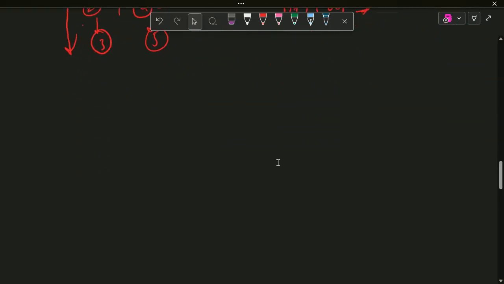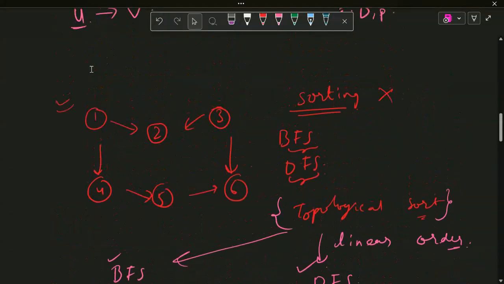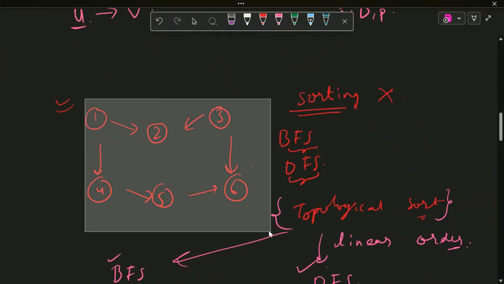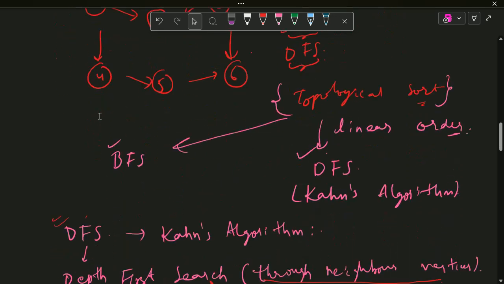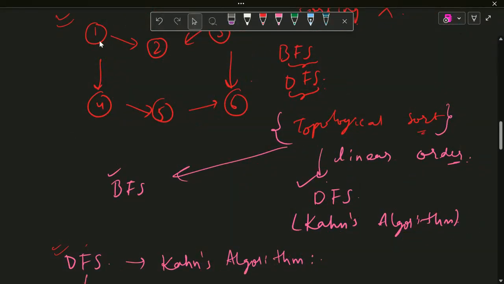Now, how Kahn's algorithm will be solved is, first we keep track of a queue data structure. For every element, we iterate from 0 to n, as there will be n elements. Let us take an example.